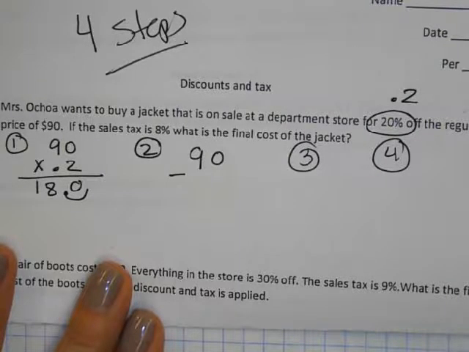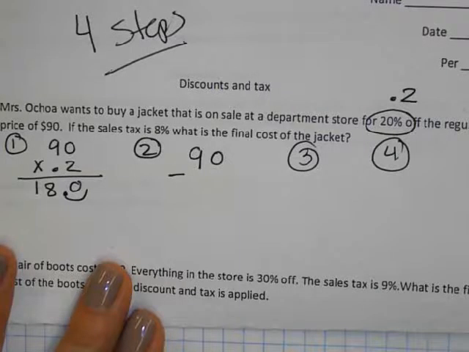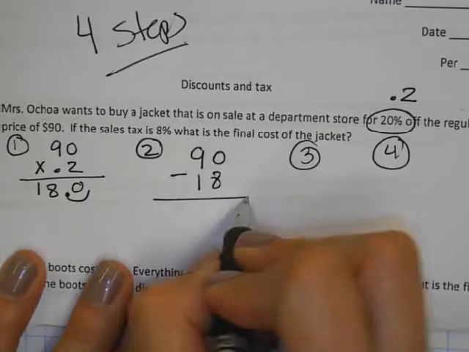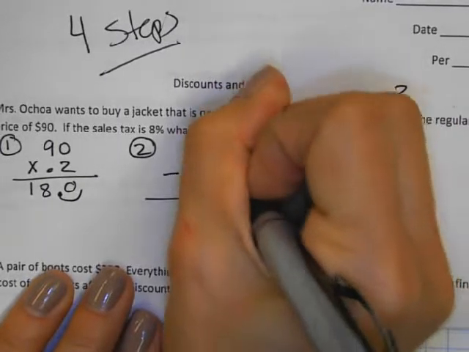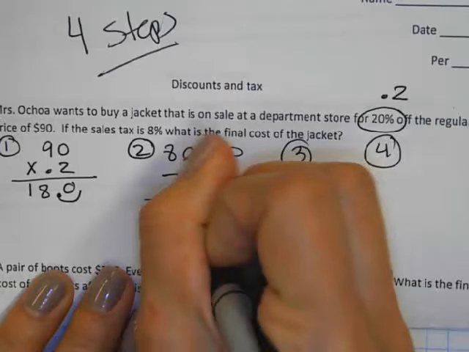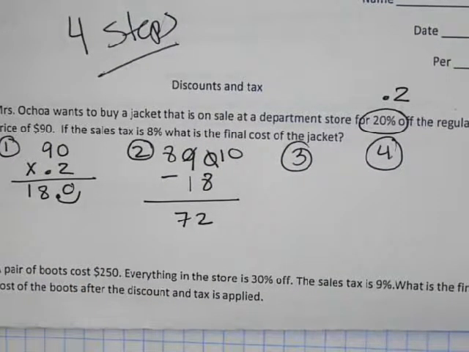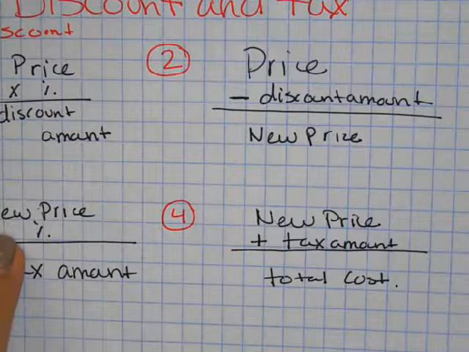We need to stop shouting out because I have kids who need to do it. You need to borrow correctly, and you get 72. Am I done? I would be done if it's just asking me for discount. But since I have tax, okay, what's my third step?